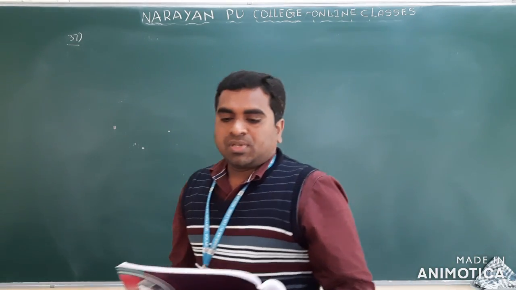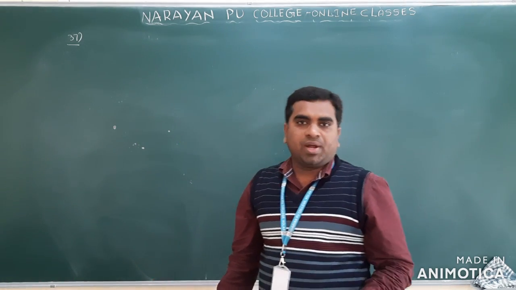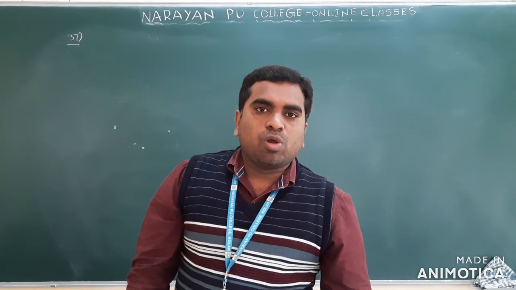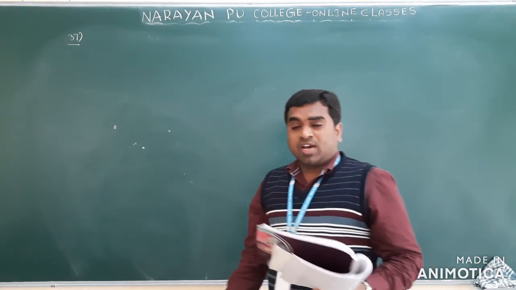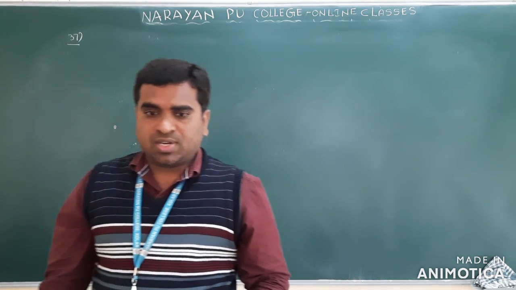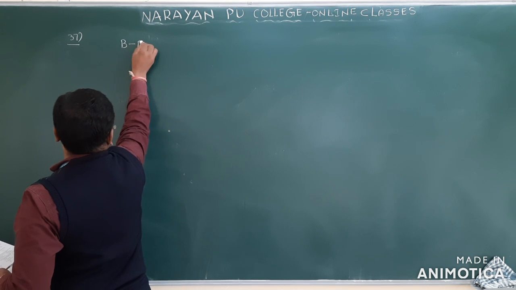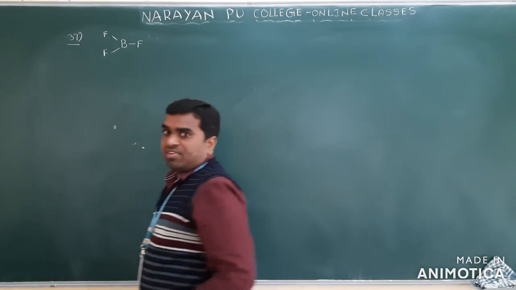Coming to question number 37. In the following, which have 0 dipole moment? I already said dipole moment is 0 for regular geometry molecules. The first one is boron trifluoride. Which shape does it have?